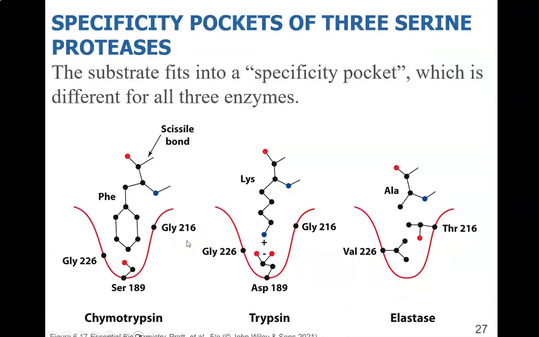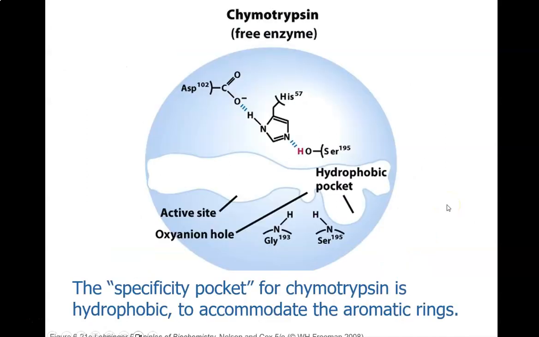So it turns out that what's different about these serine proteases is the pocket. So for chymotrypsin, there's a pocket that fits a flat aromatic ring really well. For trypsin, there's an aspartate at the bottom, so a positively charged side chain will form a nice ion pair there. For the elastase, you have a valine and a threonine that kind of stick out and make this pocket a little narrow, a little shallow, so only small amino acids can fit.